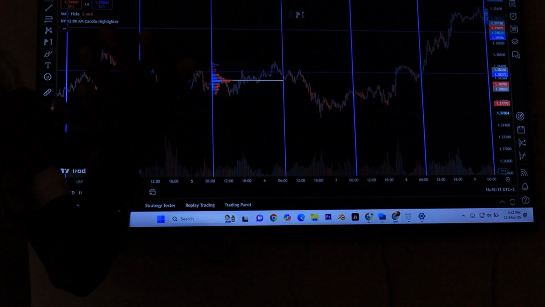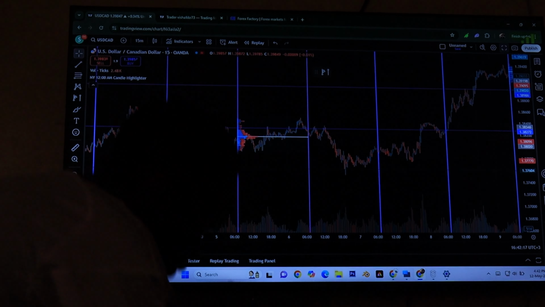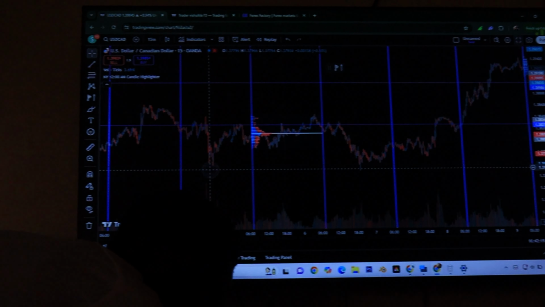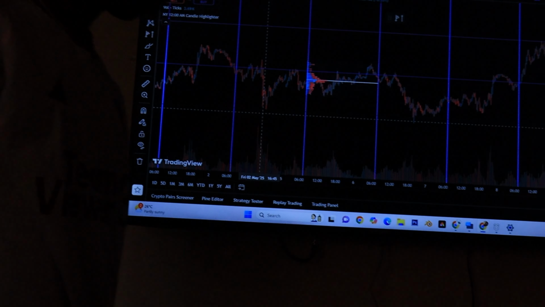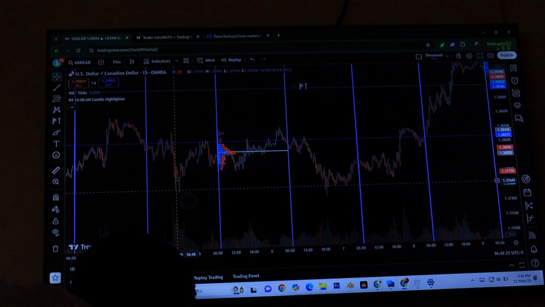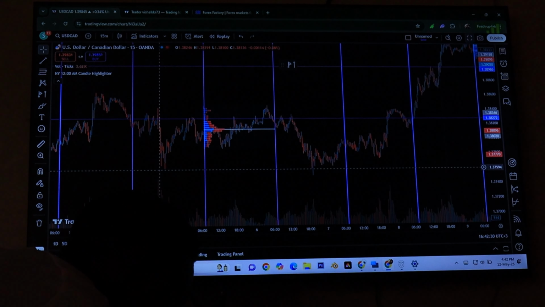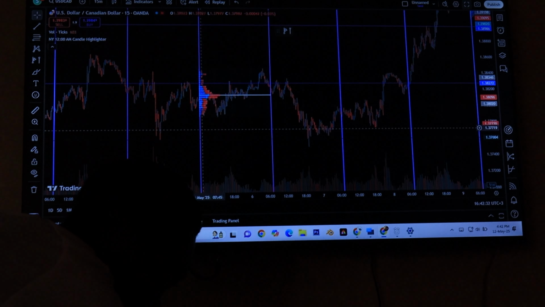But while trading a reversal, you wait for the low of that day. So this was the low on Friday, and this was the low on Monday. So while these two lows were taken out, it would have been great zones to start placing your buy positions.